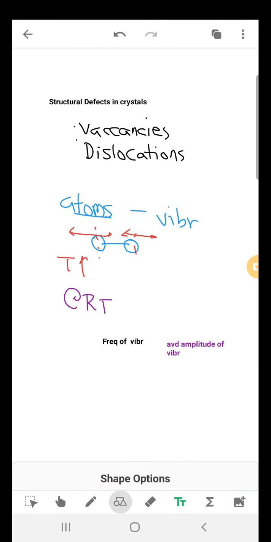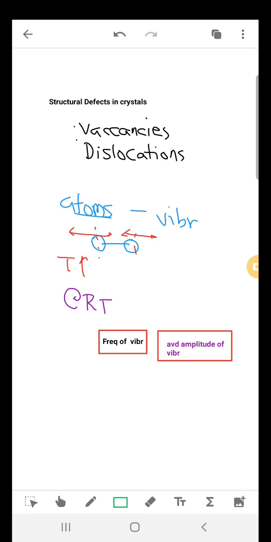We compare in terms of these two parameters, and we take up some atoms. The frequency is expressed in terms of per second, and the amplitude is expressed in terms of Angstrom.